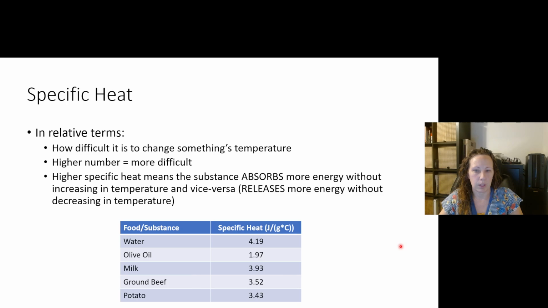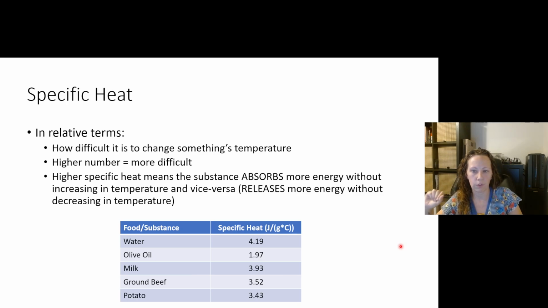So practically speaking, it takes more energy to increase the temperature of water than oil. But once the temperature is high, it's going to stay high for longer and be transferring that heat energy to the foods it is surrounding better compared to oil.